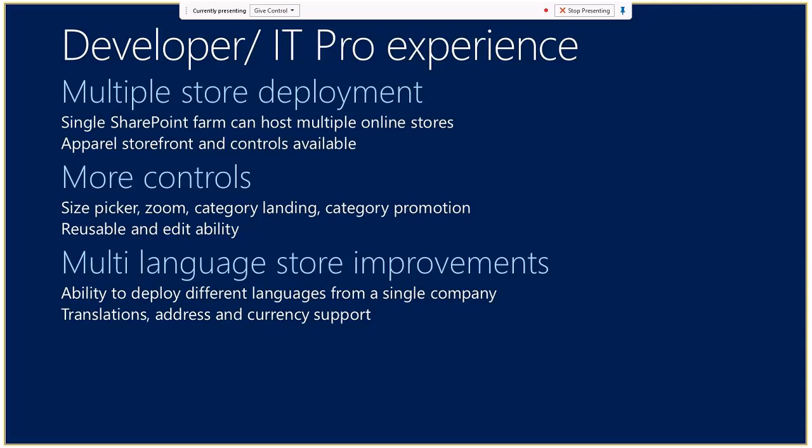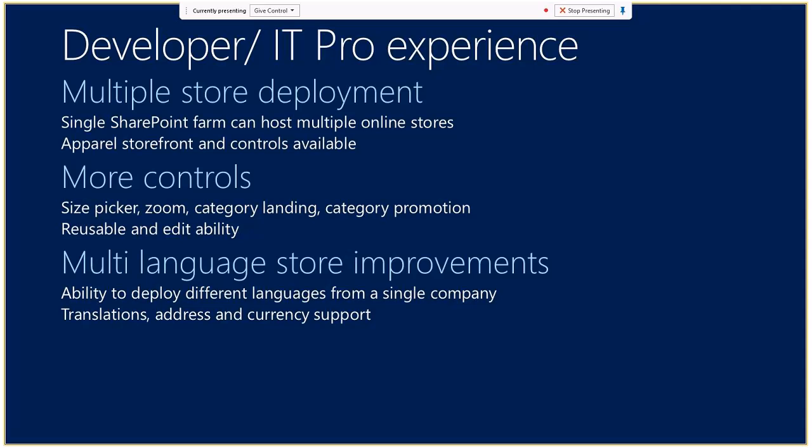One of the key ideas in showcasing another storefront is, of course, that the ability to customize the UI look and feel becomes apparent. But beyond that, we also want to make more controls available. You will see different types of controls, including a size picker and the like, made available in the fashion storefront. We have invested in adding a lot more controls across the board.